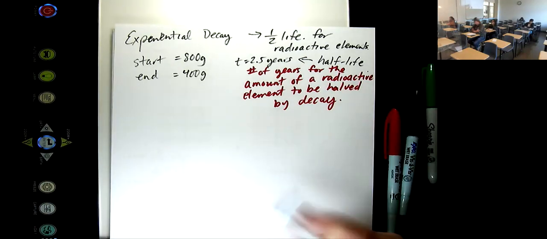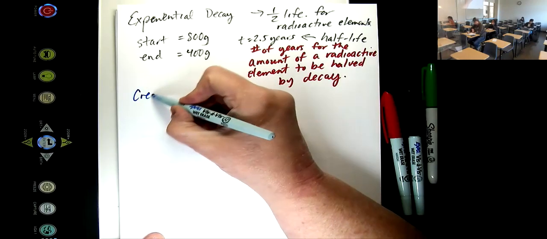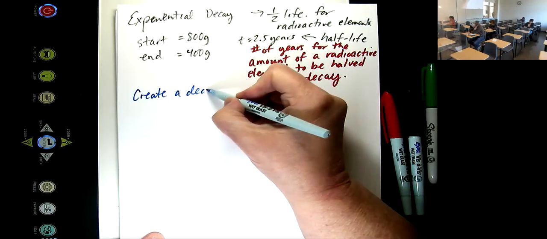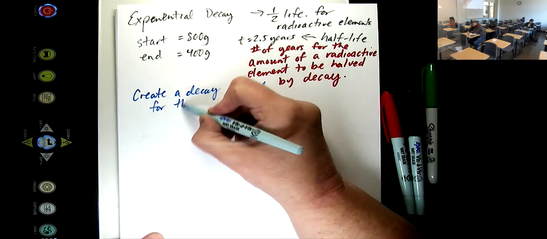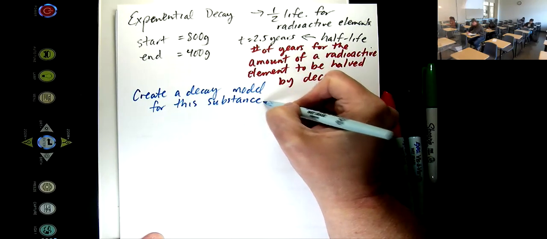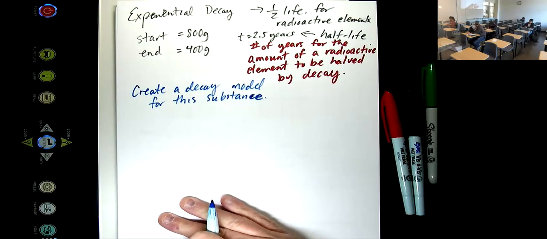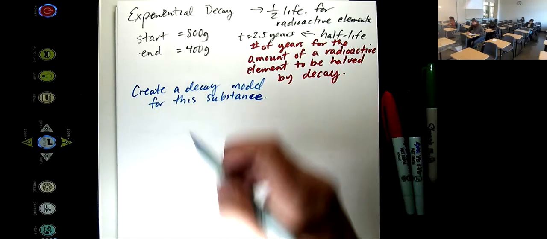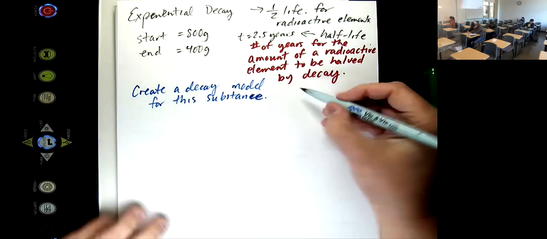We wanted to create a decay model for this element or this substance. So we've got our y equals y naught e to the kt.